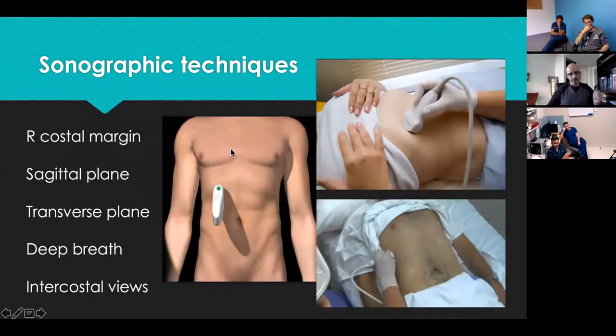With the scan technique, we usually do the hepatobiliary scan in two planes at least, in two positions at least, and I'll talk about the importance of that later on as well. One of them can be either supine or slightly left lateral, and either way we are looking at the hepatobiliary system in the transverse and in the sagittal.